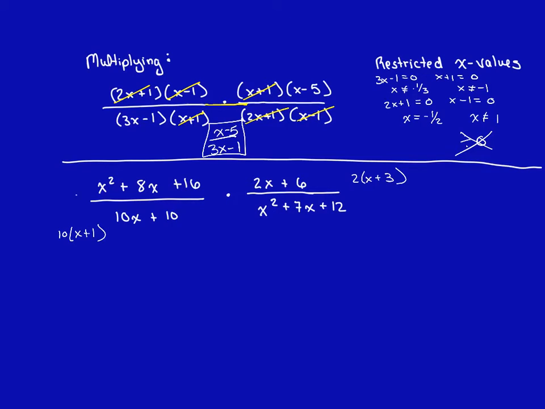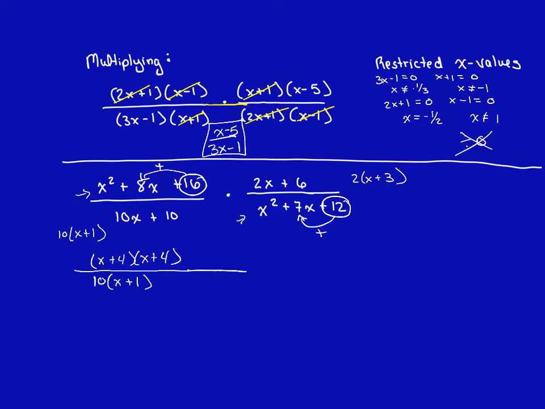Then here, we've got quadratics without leading coefficients, so we're looking at factors of 16 that are going to add to 8, and factors of 12 that are going to add to 7. So that's going to give us x plus 4 times x plus 4. 4 times 4 is 16, and 4 plus 4 is 8, over 10 times x plus 1.